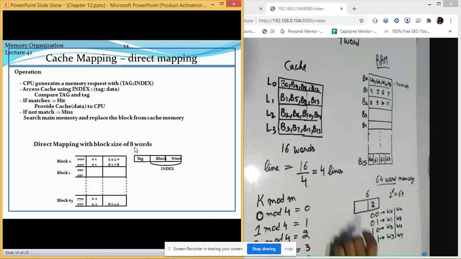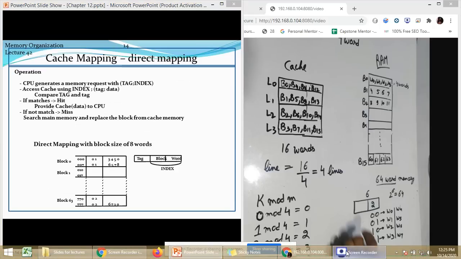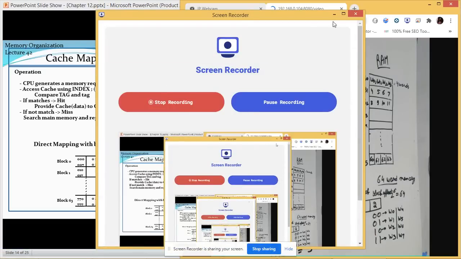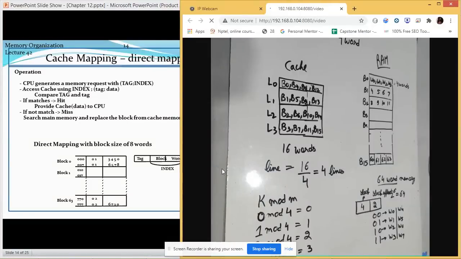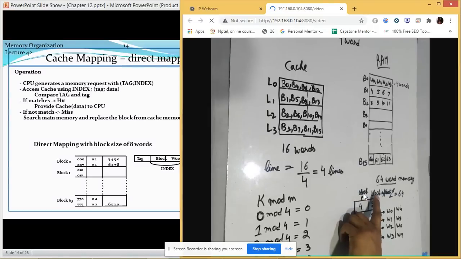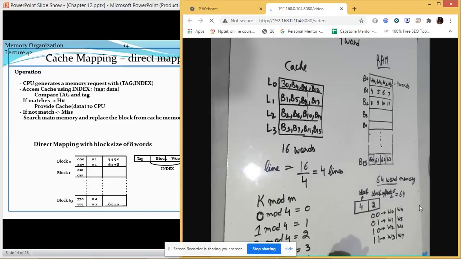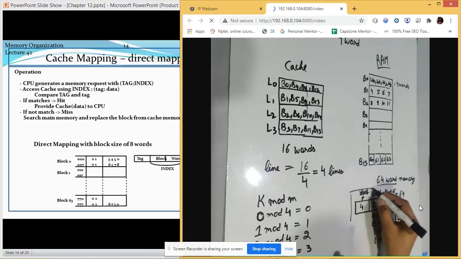As you want to represent, you can. So sometimes we call it as block and this as block offset. Now, this was how we are going to represent the data inside your RAM.